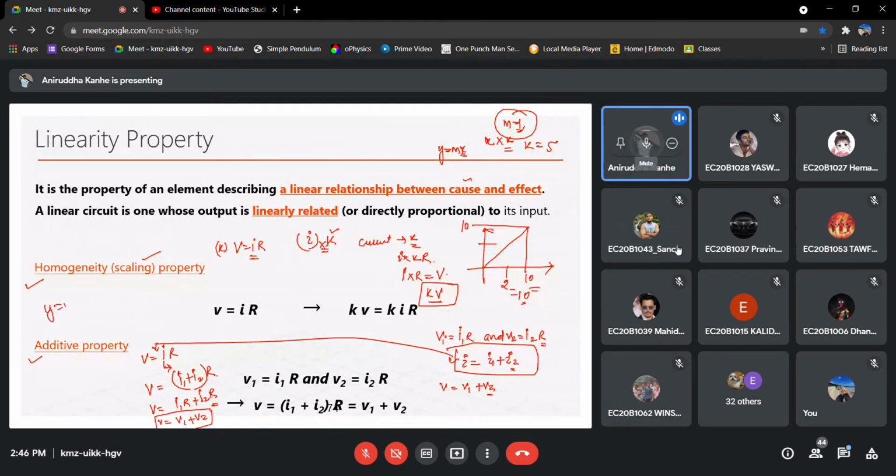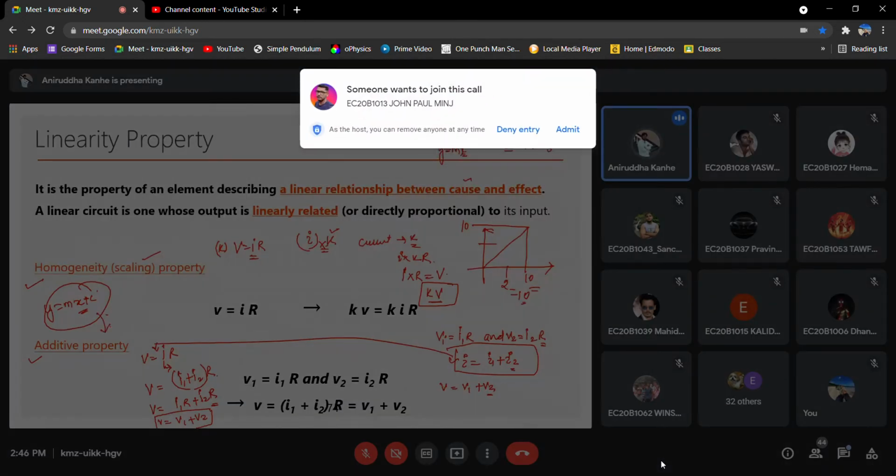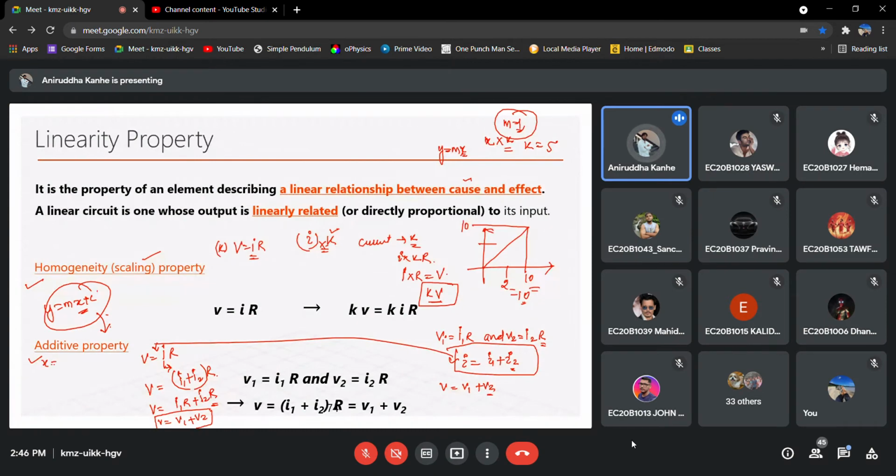Now, where y equals mx plus c is violating, it is violating both. Let us say for the additivity property, if I write x equals x1 plus x2, what you're expecting is that if your input changes in such a way, your output must be y1 plus y2. This is what is expected. Are you following it?